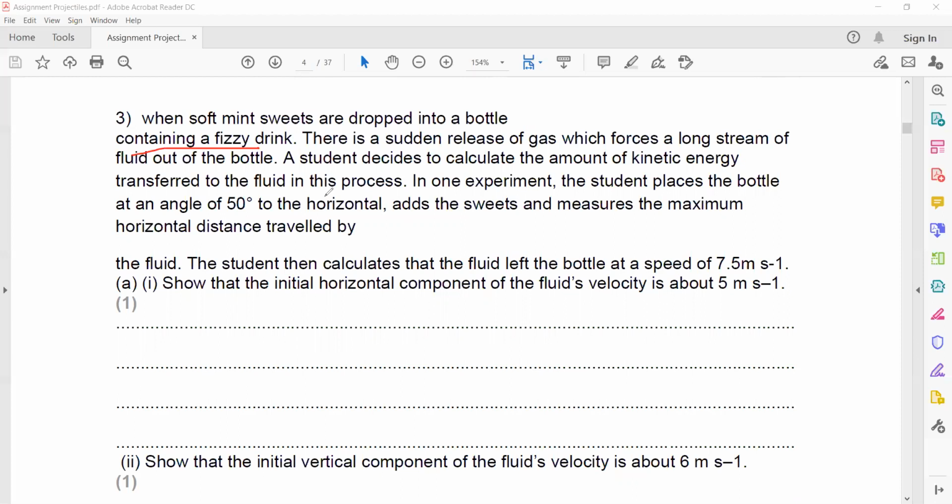In one experiment, the student placed the bottle at an angle of 50. So what the student did, he placed a bottle filled with a fizzy drink at an angle of 50 degrees.